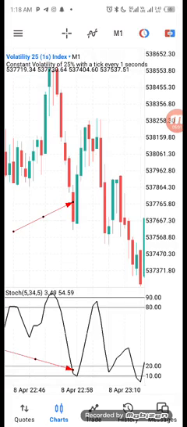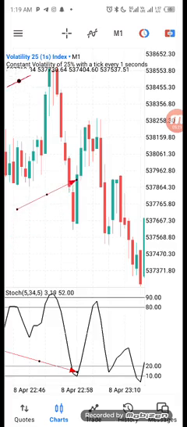Now that we understand that, we move to check which of the formations I've explained earlier happens at the time the stochastic crosses this particular line. As it crosses this line, we have a bullish engulfing pattern.